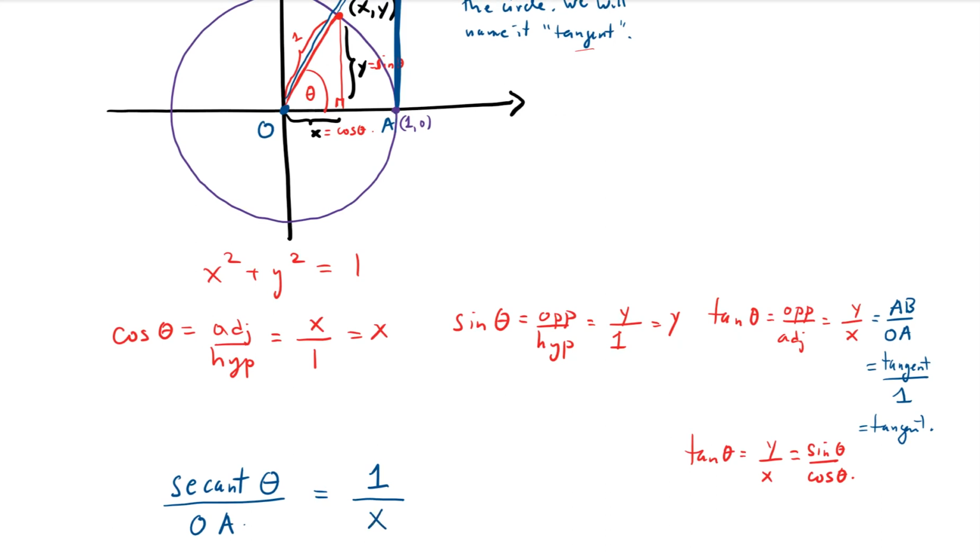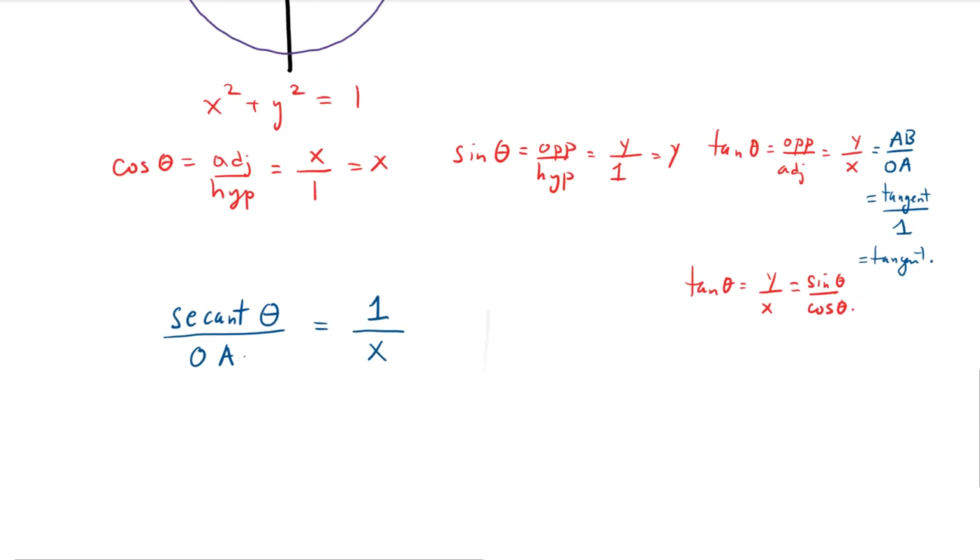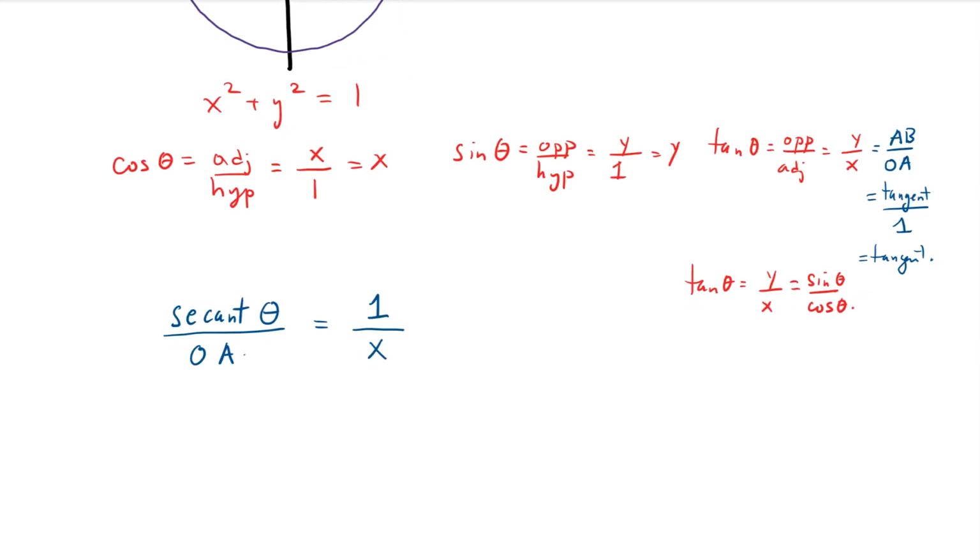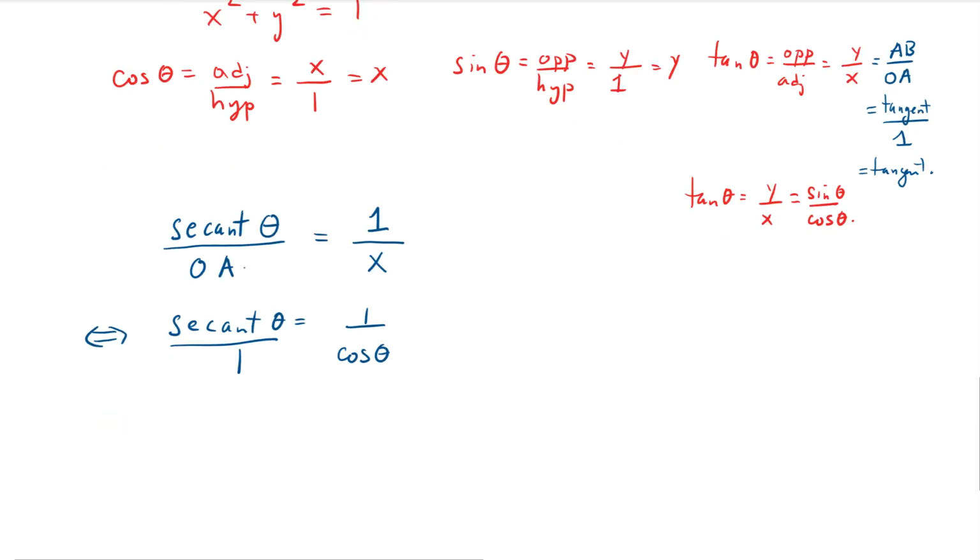And x will turn out to be cosine as before. So secant of theta over 1, because OA is 1, is 1 over x, and x turns out to be cosine. Dividing by 1 doesn't do anything, so secant is equal to 1 over cosine.